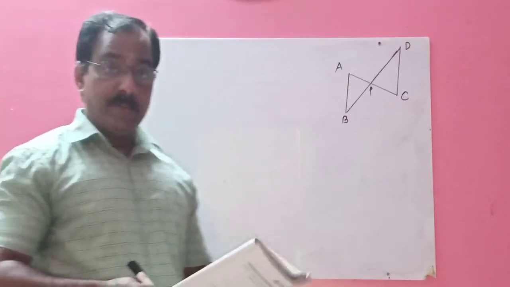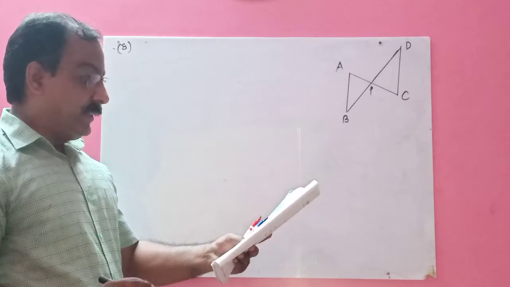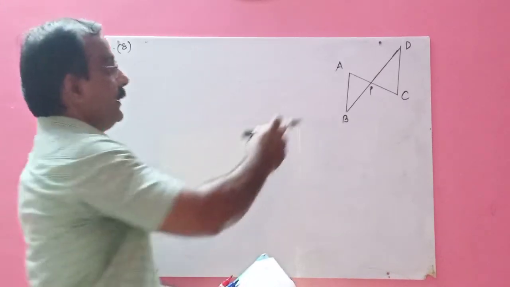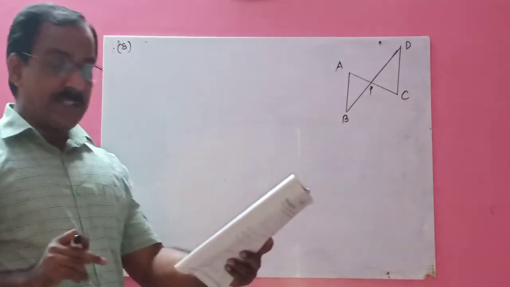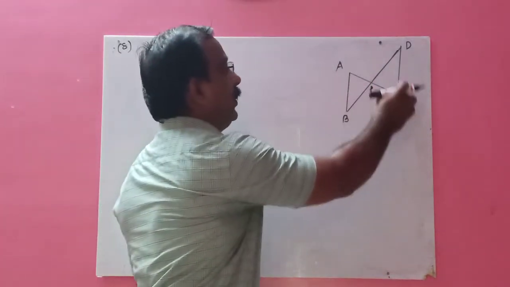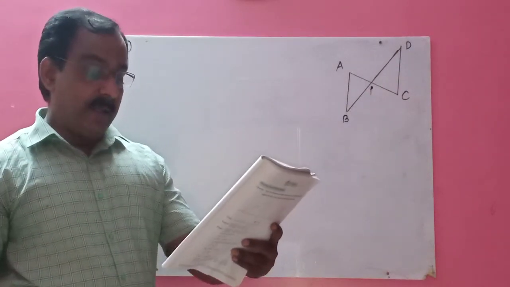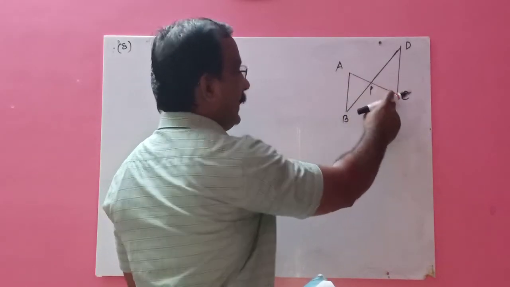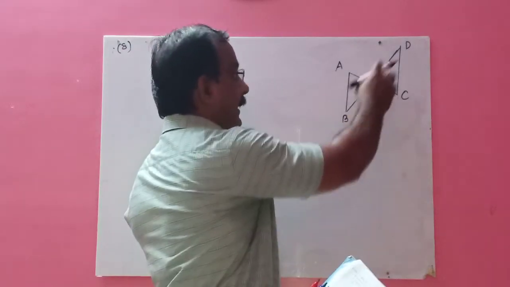So children, another very easy sum, question number 8. Just see in textbook. In the figure, segment AC and segment BD, this AC and this BD intersect each other in point P. These two intersect each other in point P. And AP upon CP is equal to BP upon DP.